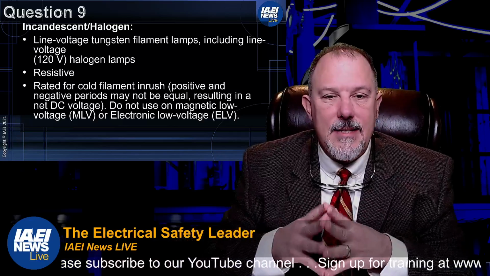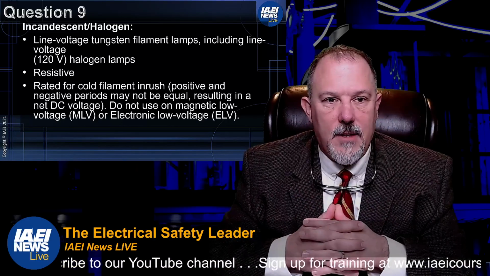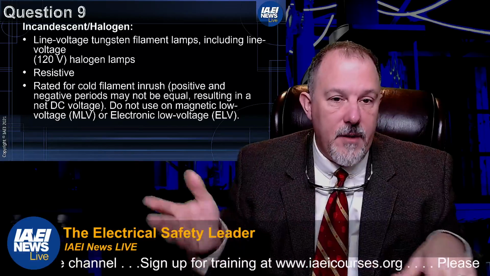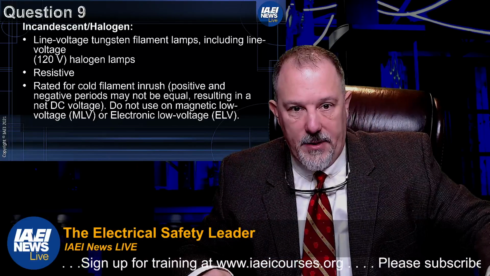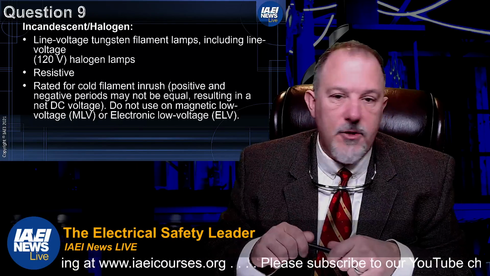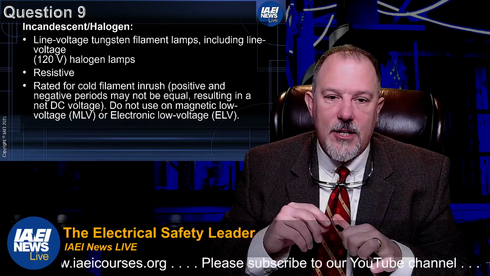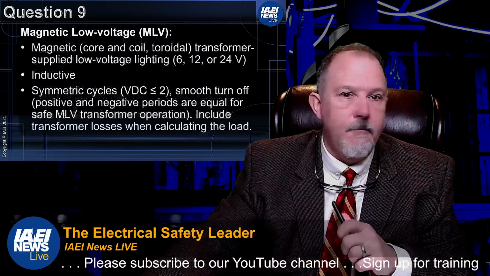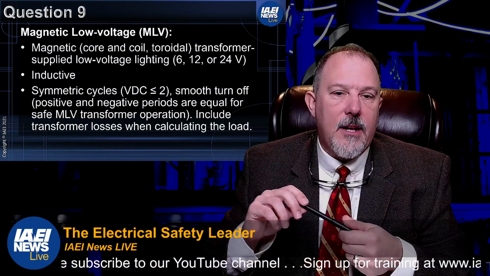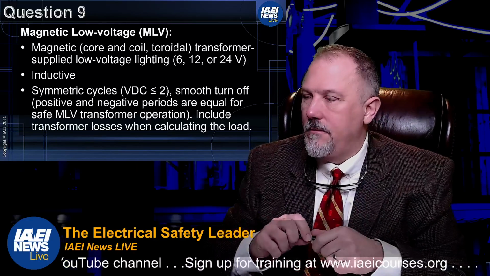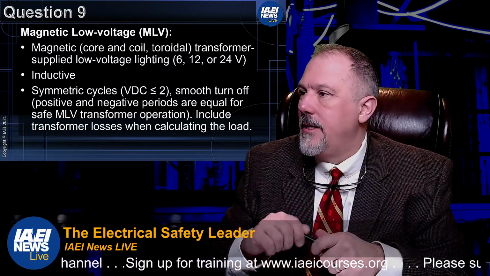So incandescent and halogen lights are resistive loads, rated for cold filament inrush, and positive and negative periods may be equal. They don't use magnetic low voltage or electronic low voltage solutions. Magnetic low voltage is a magnetic core and coil, like a toroid.